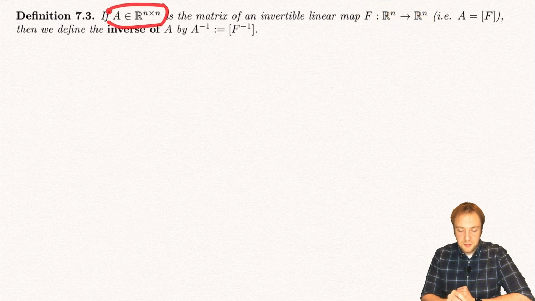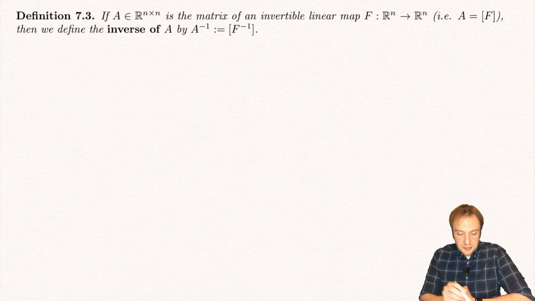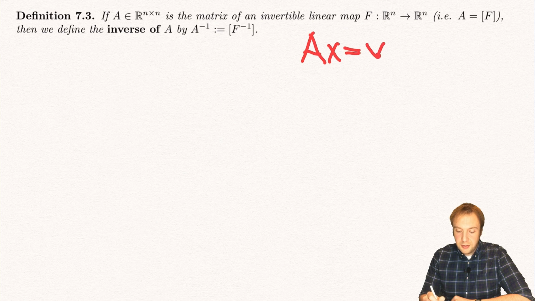So by this theorem we saw before, invertible matrices need to be square matrices. If I have a square matrix, I can ask myself, when is this invertible? Therefore what I want to solve is this equation Ax equals y, and see that this has a unique solution for any y.